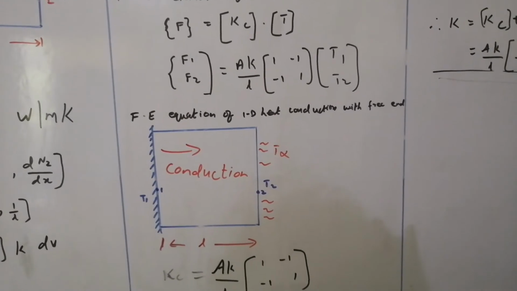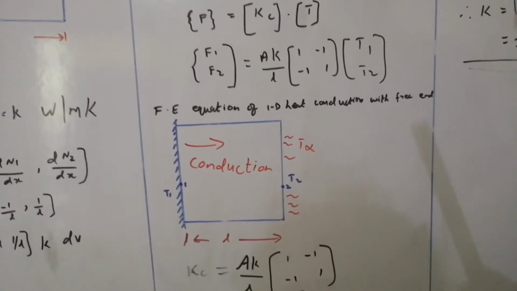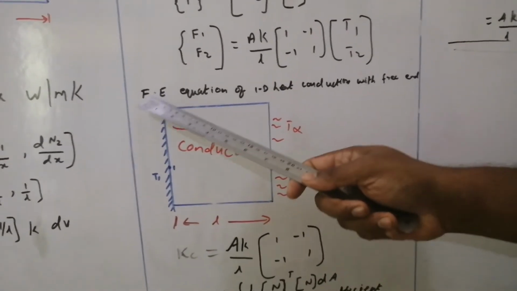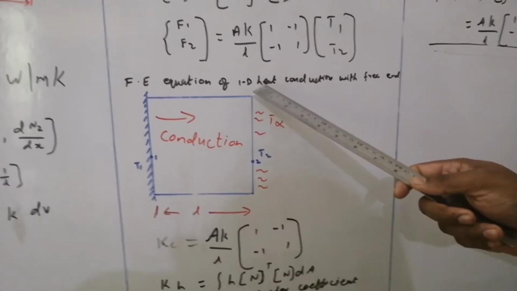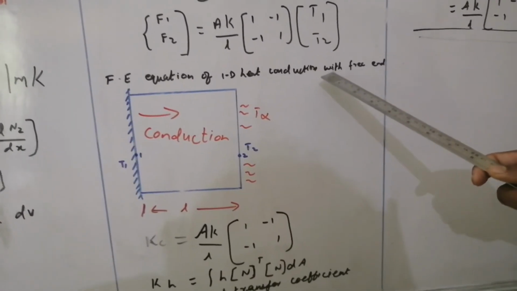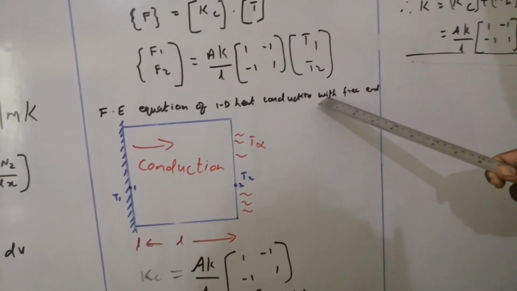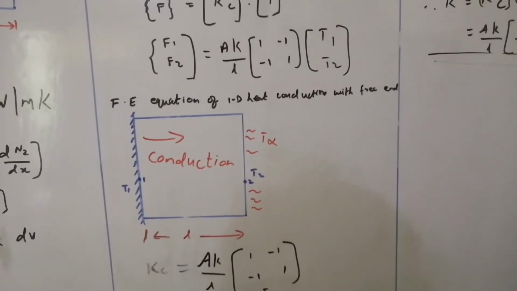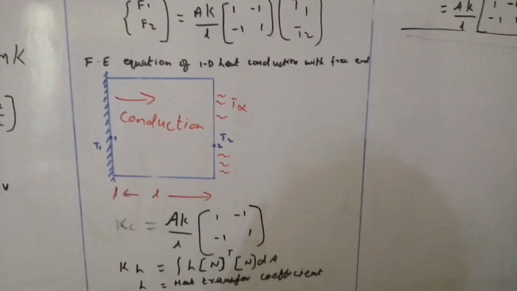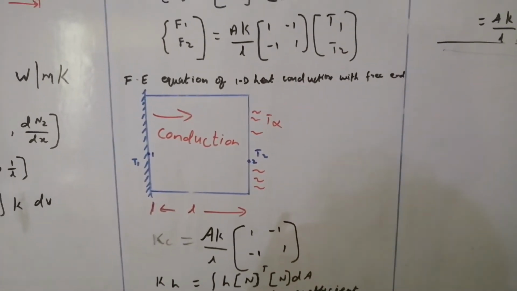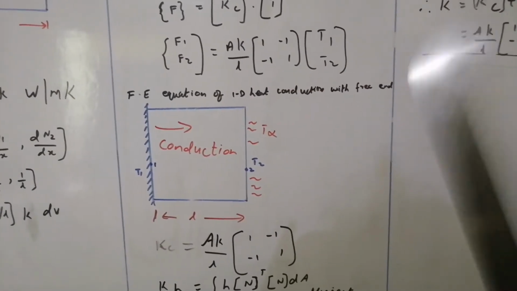And now we are making certain changes in the situation. That is, the finite element equation of one-dimensional heat conduction with a free end. We are considering another term, free end. So while considering a free end, there's a chance for convection also.